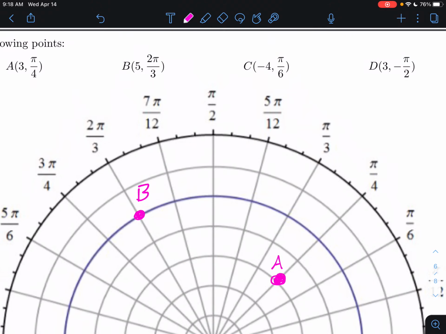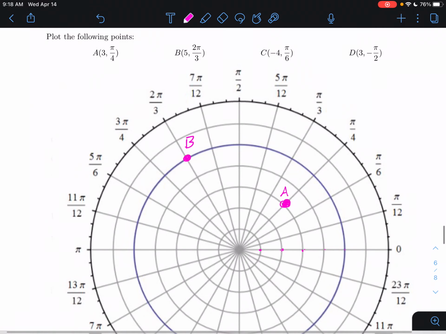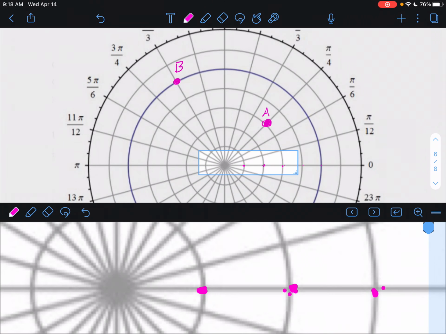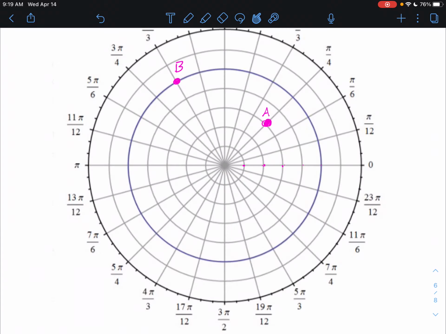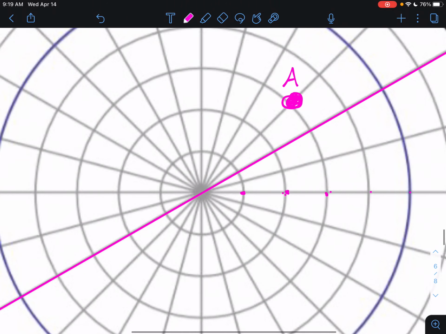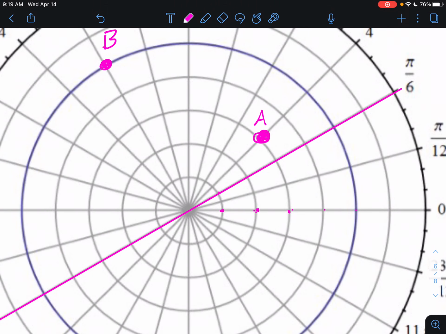Then I want to plot C, which is at 4, negative pi over 6. If it's at negative pi over 6, there is no need for me to go out 4 first. Instead, I'm going to look at this line for pi over 6. I know it's going to be on this line for pi over 6. If I'm going positive 4, I would go 1, 2, well, I'll use a different color here.